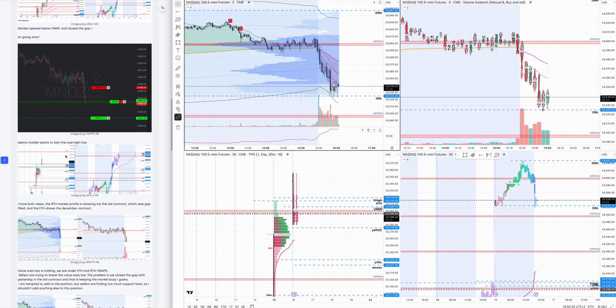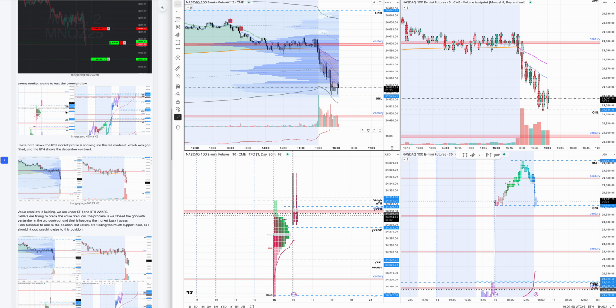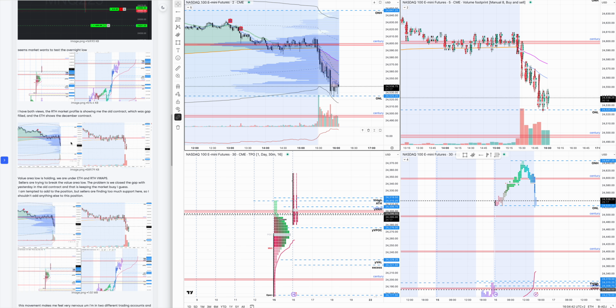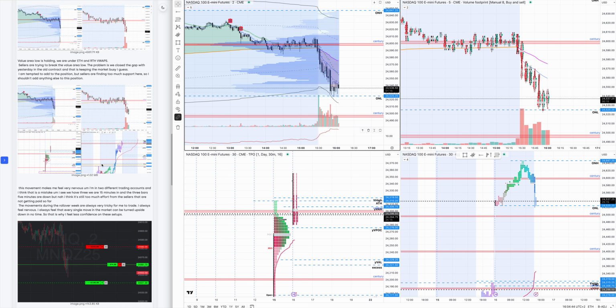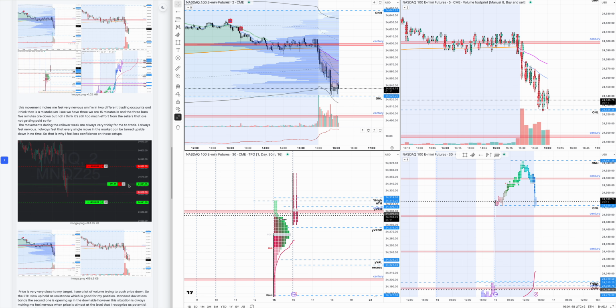The first screenshot has some of my notes describing what was happening, keeping everything in check as the market was moving. Boom, then you can see the position. I was 4 contracts, and my stop loss basically continued at the same point.